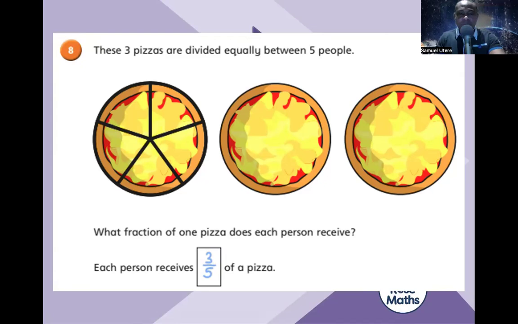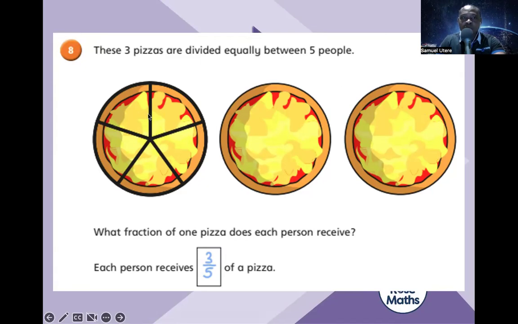All right? So think about it. You take 1 slice from here, you take 1 slice from here, you take 1 slice from here. So it's going to be 3/5. Yeah. So if each person takes one piece from each of the pizzas, it means they have three parts. Now, I didn't explain it properly.